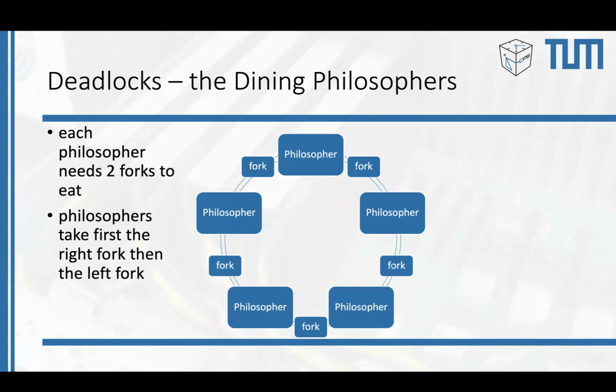Let's suppose that these are not philosophers and forks, but actually accounts in a bank, right? And these are transactions. So account A wants to send money to account B. Account B wants to send money to account C. Account C wants to send money to account D, and so on, until we go back to account A. Now, everybody takes a lock on the account because we don't want to screw up the balance like we did last time.